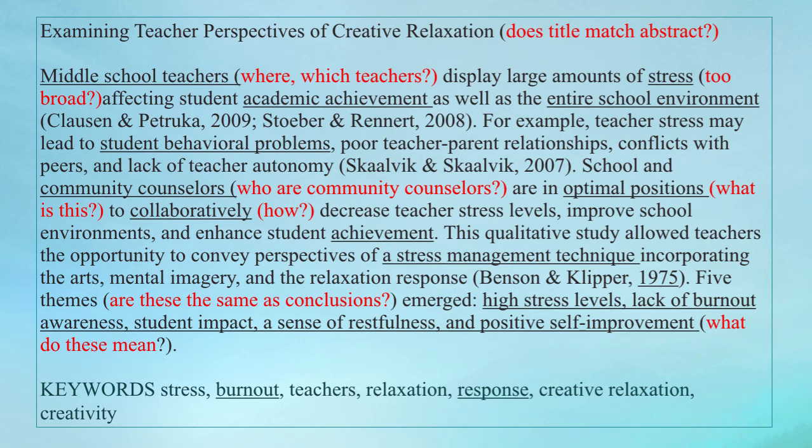So you might want to say something like the relaxation response decreased high stress levels. Then that is a finding. Or that there was a lack of burnout awareness before the relaxation response intervention. Something like that, right? Just putting in these themes doesn't provide you with enough information to understand the findings.